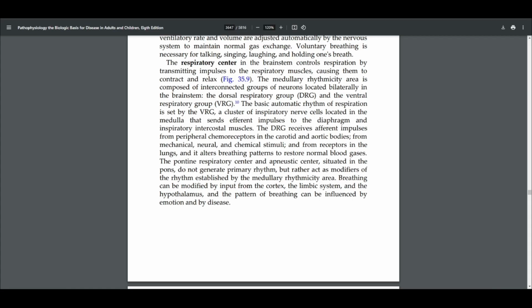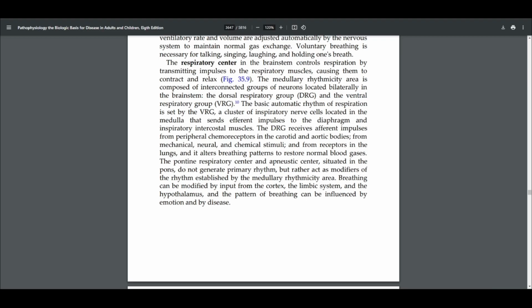The pontine respiratory center and apneustic center, situated in the pons, do not generate the primary rhythm, but rather act as modifiers of the rhythm established by the medullary rhythmicity area.